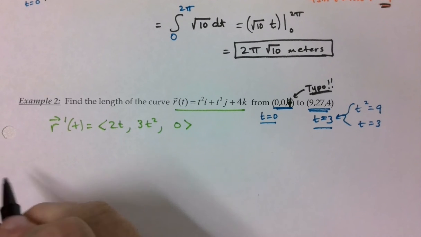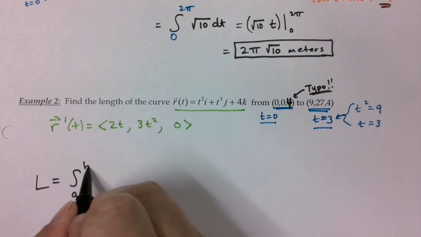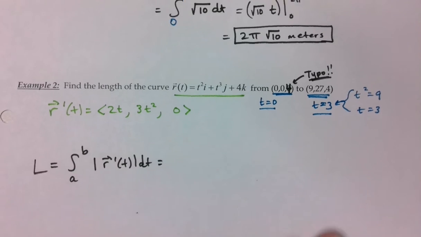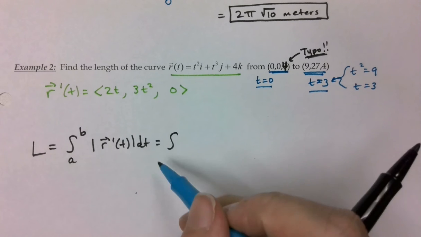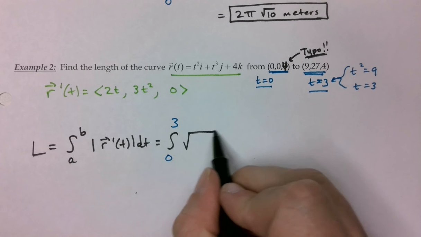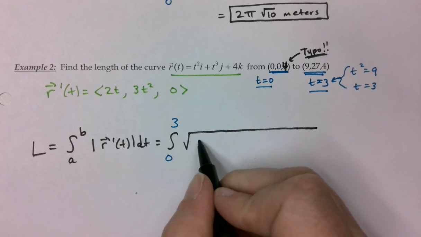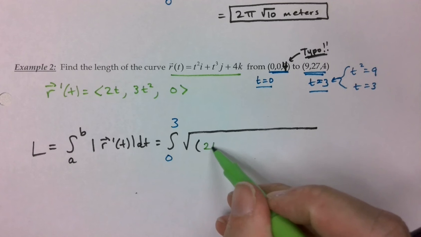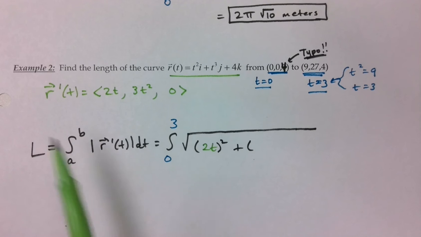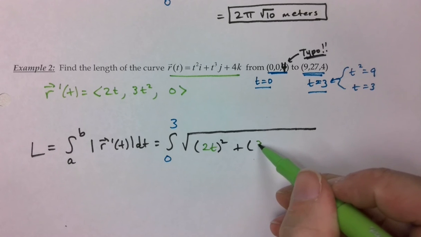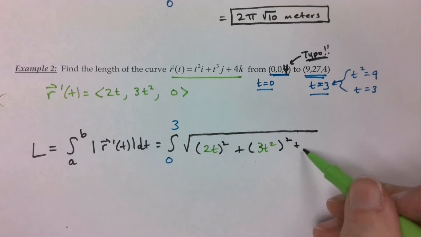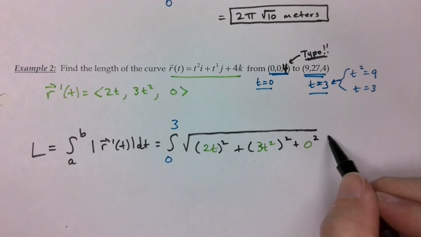All right, so then arc length is the integral from a to b of the magnitude of r prime of t dt. We figured out the 0 and the 3. That's where those two pieces go. And then the magnitude is a big square root. So we're going to take a square root, 2t squared, sorry, my pen got in the way, plus 3t squared plus 0 squared, which we don't have to write, but I'll just put it in there for fun.